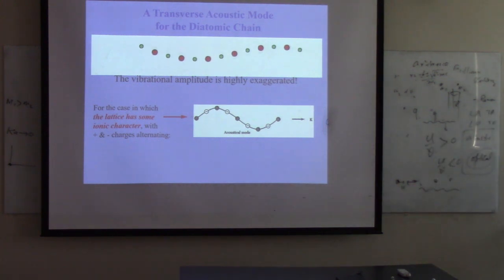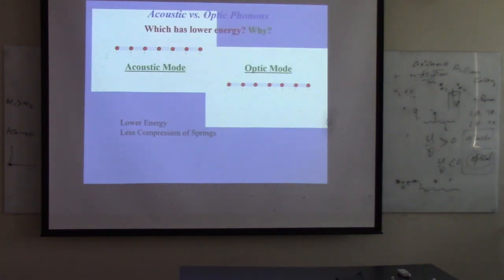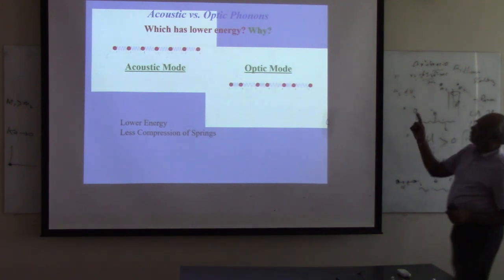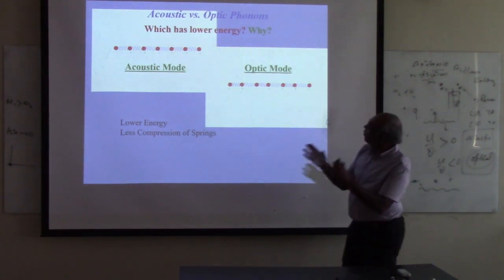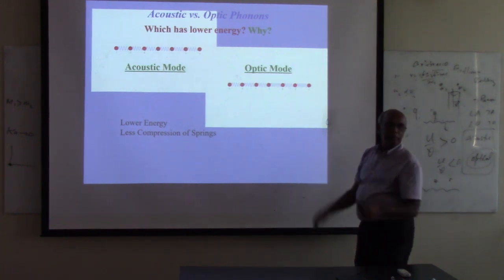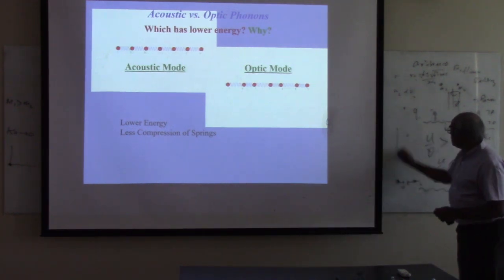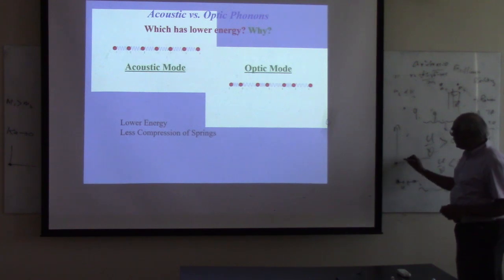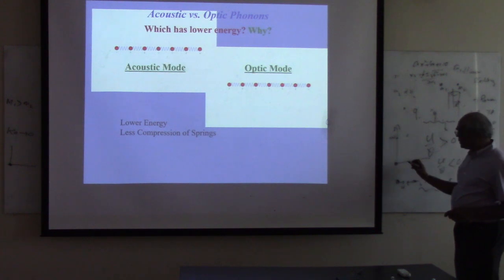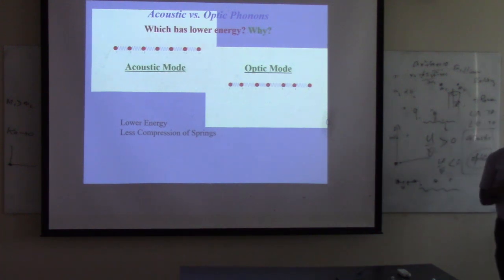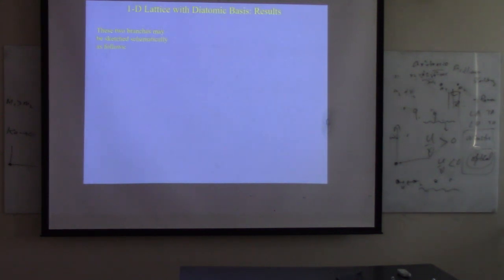So here is one acoustic and optic mode. You can see this is longitudinal. If you consider this is optical, typically optical modes have much higher energies, because the energy is basically omega. Even at the zone center, this has much higher frequency. So optical modes always have higher frequencies.